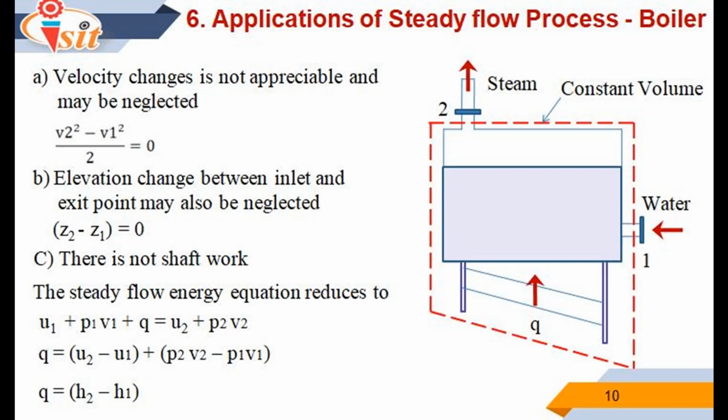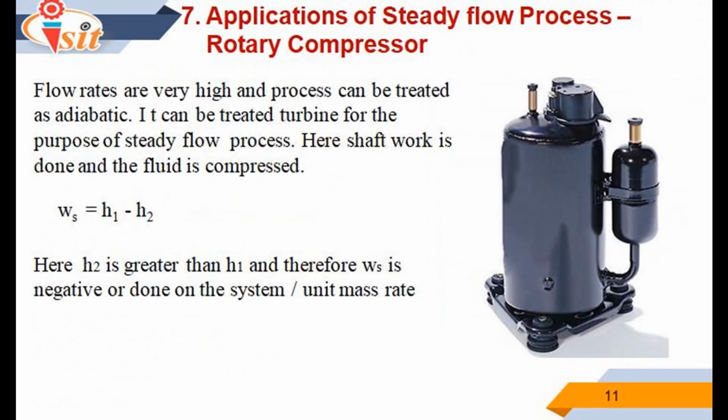The steady flow energy equation reduces to U1 + P1V1 + Q is equal to U2 + P2V2. That means Q is equal to (U2 minus U1) + (P2V2 minus P1V1), meaning Q is equal to H2 minus H1 for the boiler. The rate of heat flow is related to the enthalpy difference.